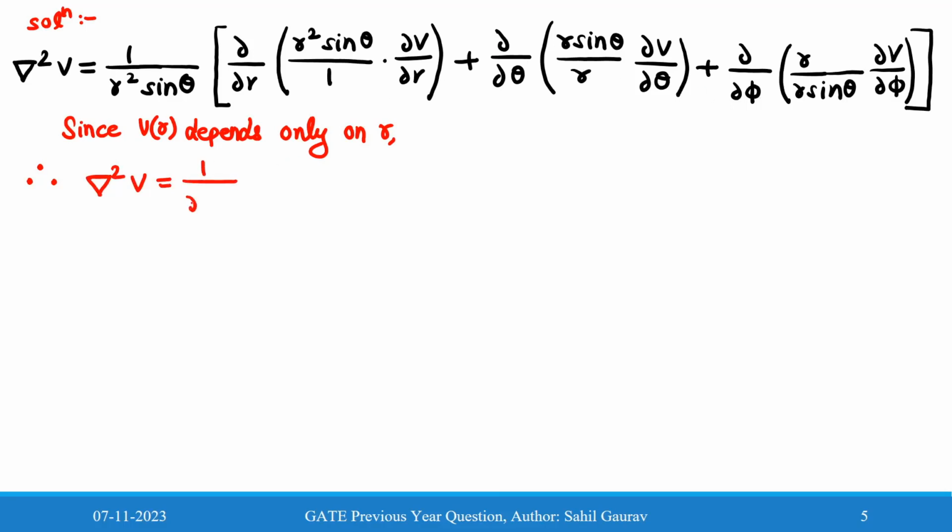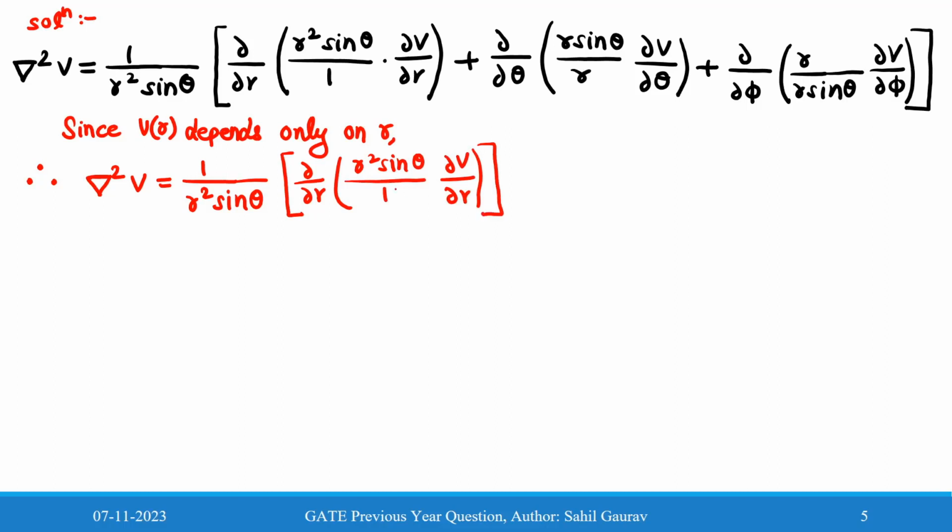So 1 divided by r square sine theta into del dr of r square sine theta 1 dV(r) dr. So this is equal to 0.